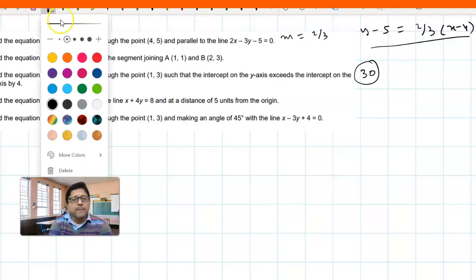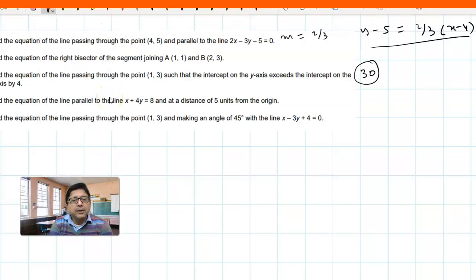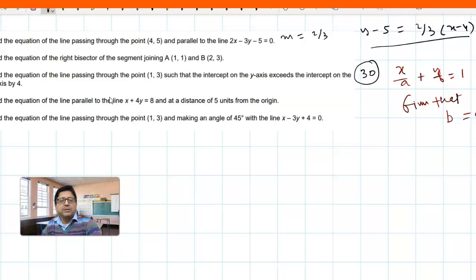Number 30. So what are you going to do there? You are going to find the line through this, with y-intercept exceeding the x-intercept. So start in this manner, let the line be x by a plus y by b equal to 1. Given that b is equal to a plus 4.